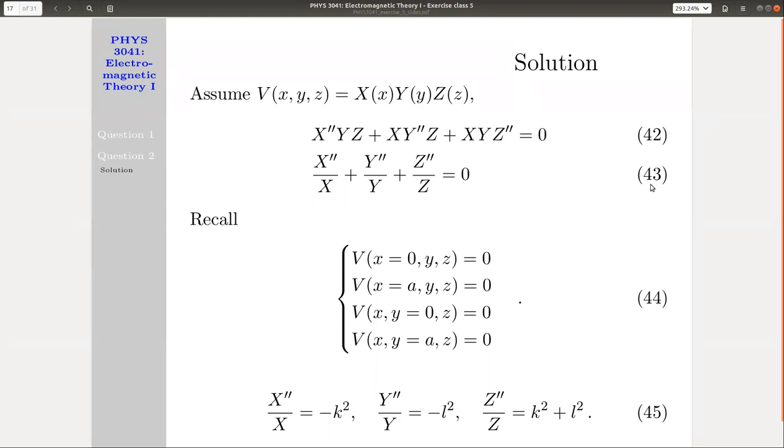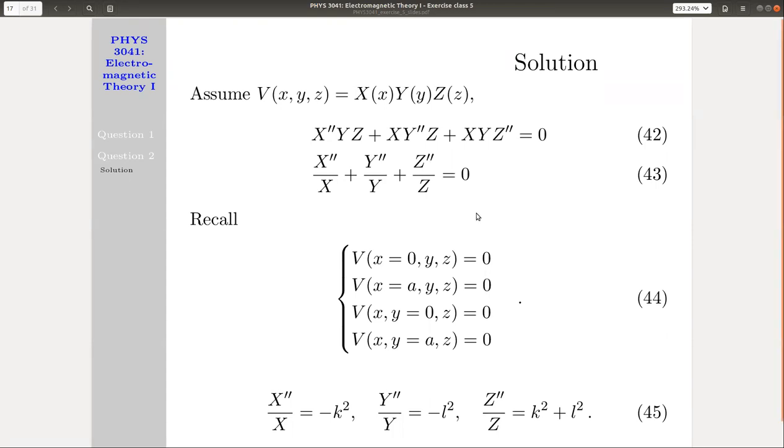Because the sum of these three fractions is equal to 0, and because each term here only depends on its own variable, here only on x, here only on y, and this only on z, in order for these three fractions to sum to 0, each of them has to be equal to some constant.